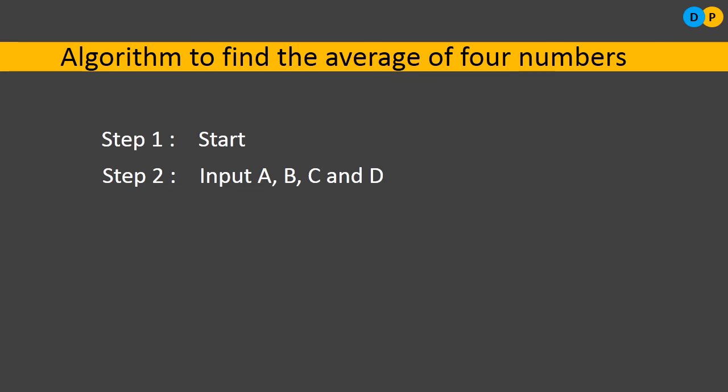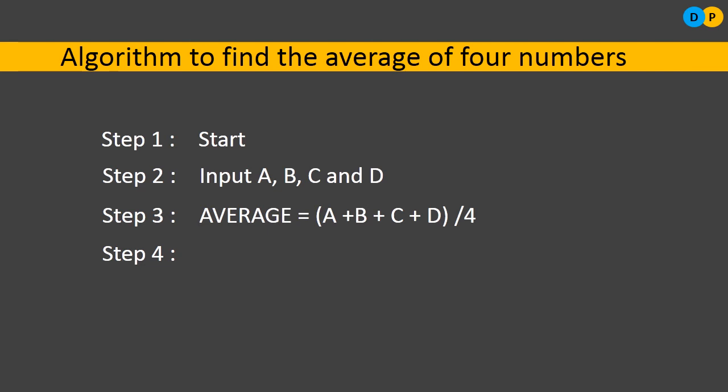A represents the first number, B the second number, C the third number and D the fourth number. Step 3, we head out for computation. Average is equivalent to A plus B plus C plus D, whole divided by 4. We will know the average now. In step 4, let us display the average, followed by step 5, stop.